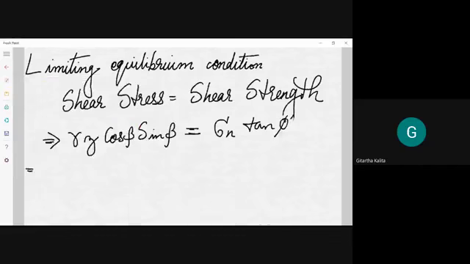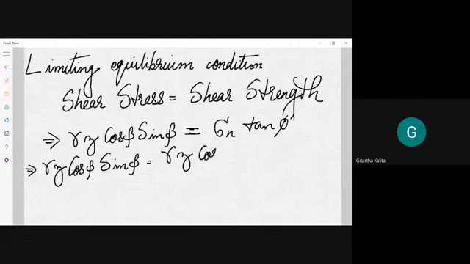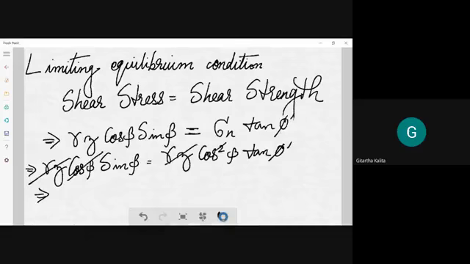So let's simplify it. In place of sigma n, we can write gamma z cos square beta. Gamma z will get cancelled, and one cos beta will get cancelled.